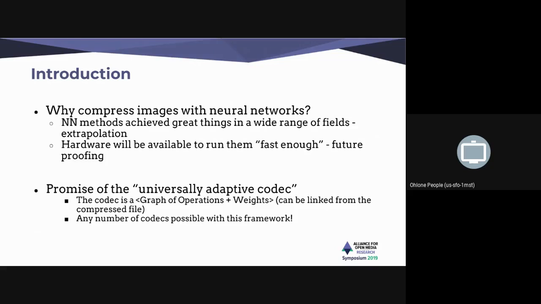Imagine if you have a program today and you load it 20 years from now, and you would like to open an image that was compressed with a neural network, and it would be able to decode it, because the codec itself would be just a specification. It would just be able to download the computational graph and the weights and execute it, and therefore decompress that file.